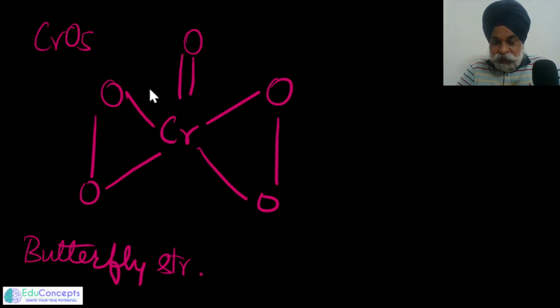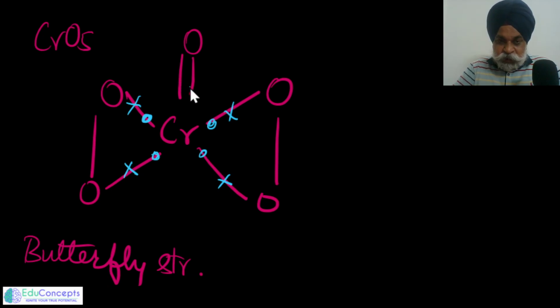If I draw the electrons, because chromium has 6 valence electrons, here this is bonded to oxygen itself. Here also it is bonded to oxygen itself. These cross electrons are of oxygen.